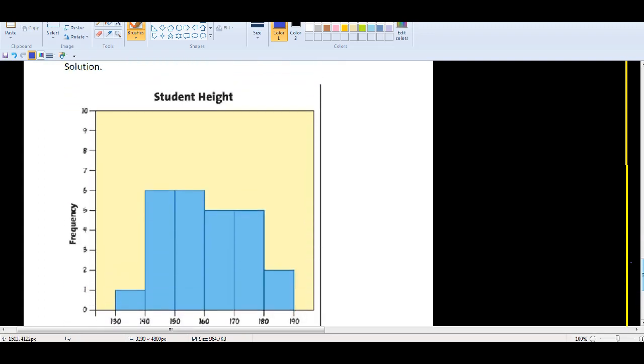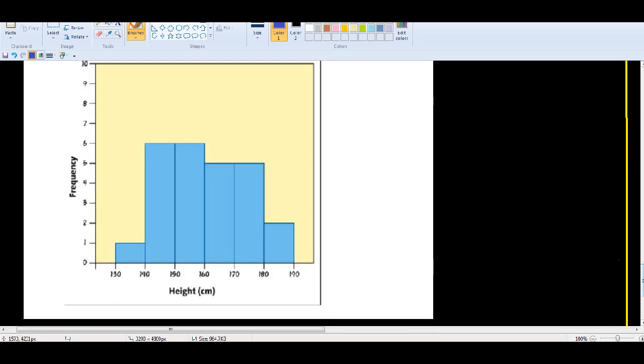You need to leave some space between the vertical axis. Each bar should have the same width, and the height of each bar should represent the frequency, and also there should be no gaps between all the bars.